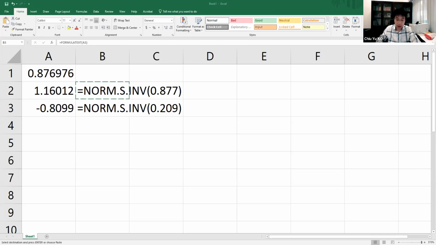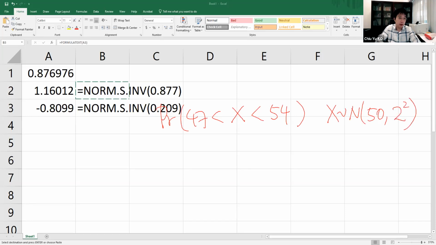The question is asking for the probability that X is between 47 and 54, and X has a normal distribution with mean 50 and standard deviation 2. So you can rewrite it in terms of Z: (54 minus 50) over 2, and (47 minus 50) over 2.